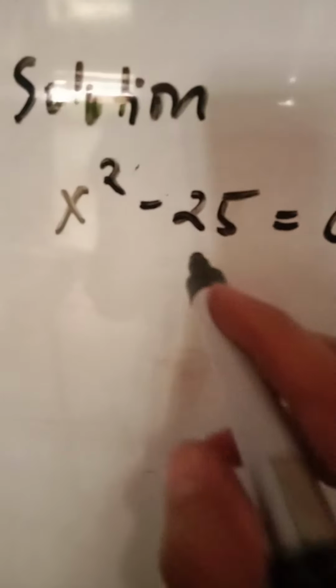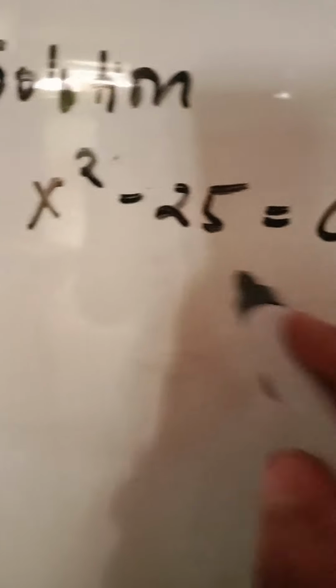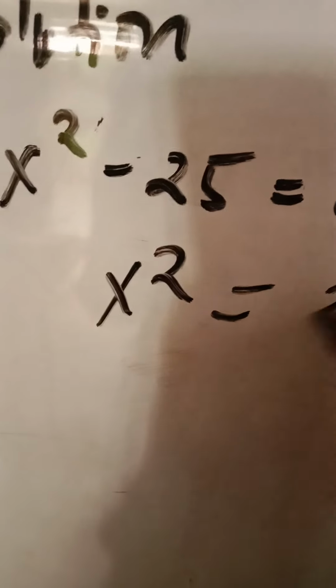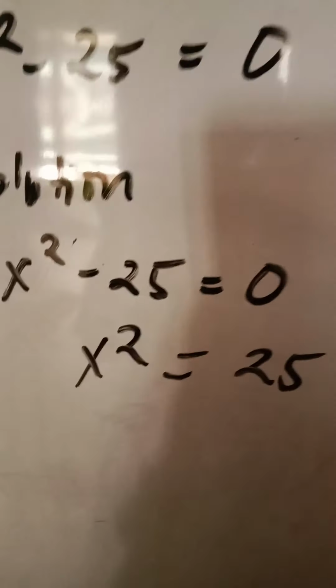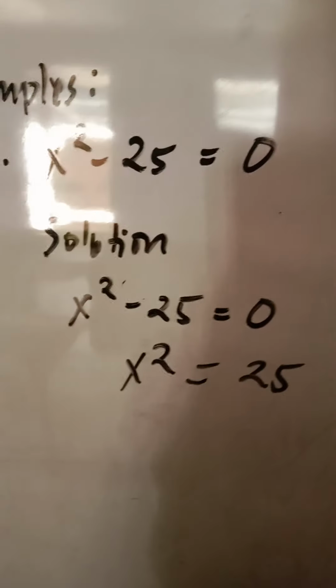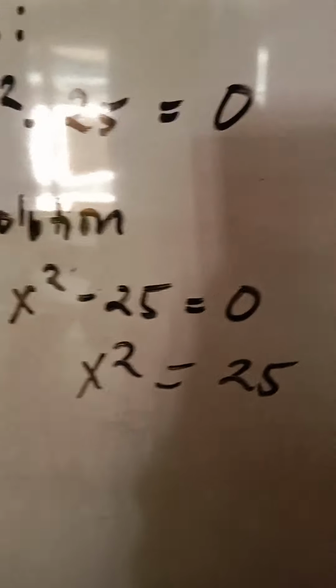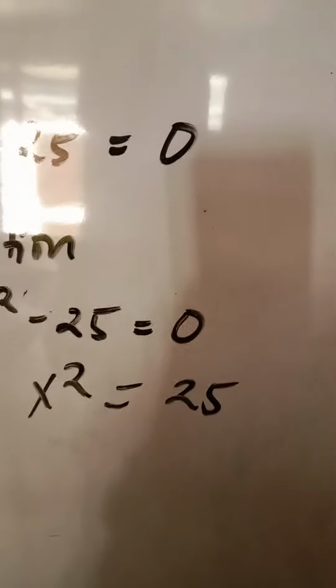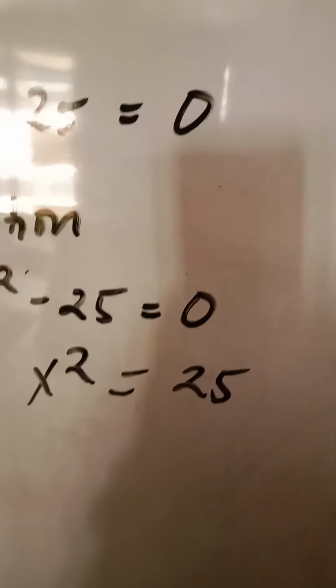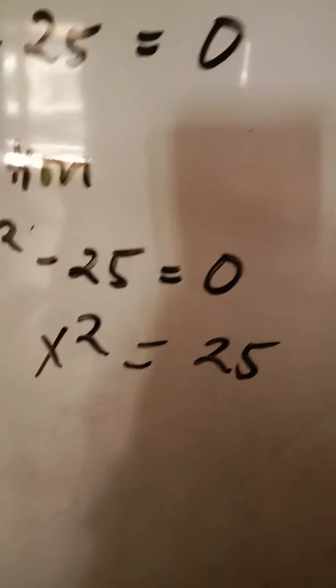So x squared is equal to positive 25. The square root property involves the square roots of both sides.